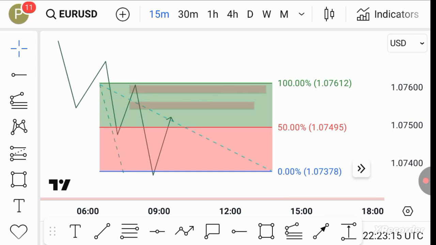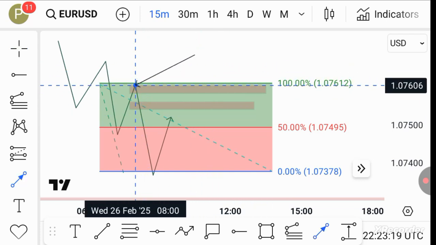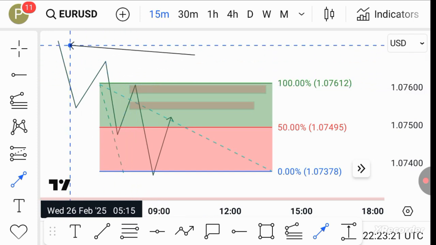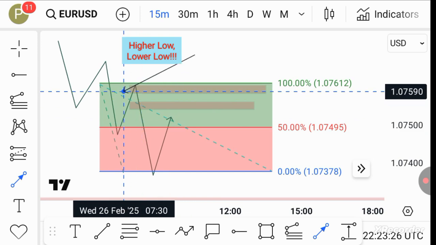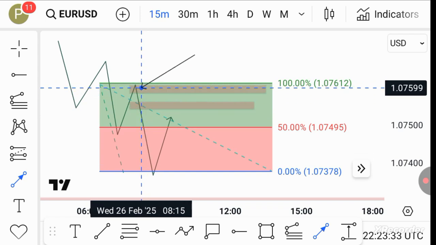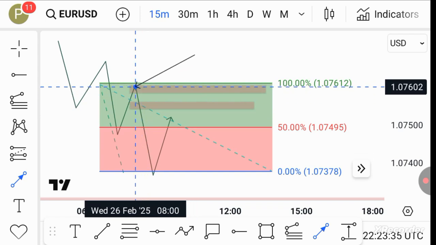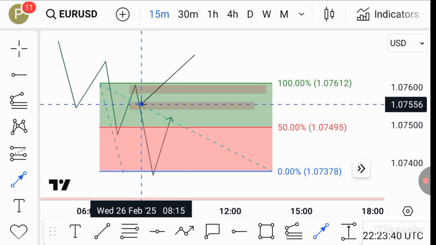That's more like the resistance of this higher low, right? Because from this we could see that price was forming higher high, higher low. So price is likely going to come to the resistance of this higher low. Now either it comes here where you're likely to have an order block, or somewhere right about where you're possibly having a fair value gap.